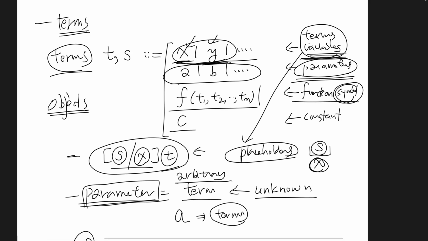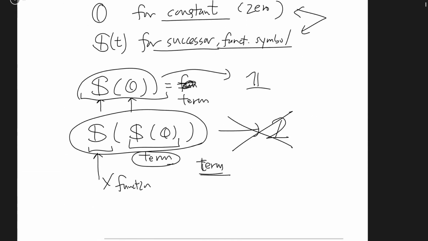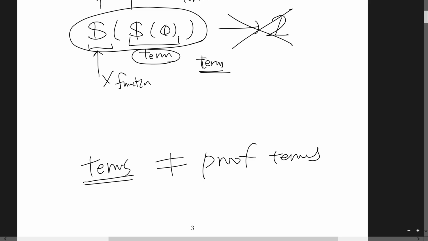One thing you'd like to remember about terms is that terms are not proof terms. Terms are basically names for objects. For example, say you have some mathematical notion of 0, and you'd like to represent it with this term.